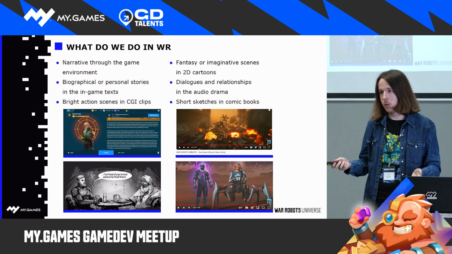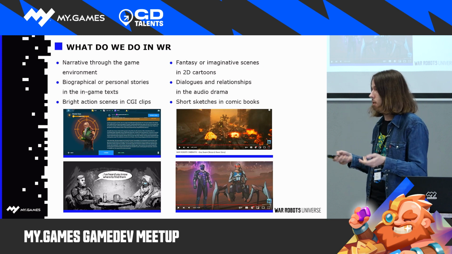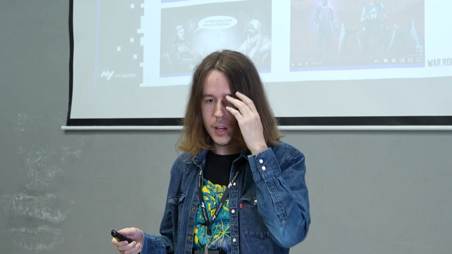The audio drama is all about dialogues. The funny part of it, in our audio drama, there is a deaf character, but we still managed to make him sound good in it. And in comics, we had some short sketches that are easy to understand and fast to read.